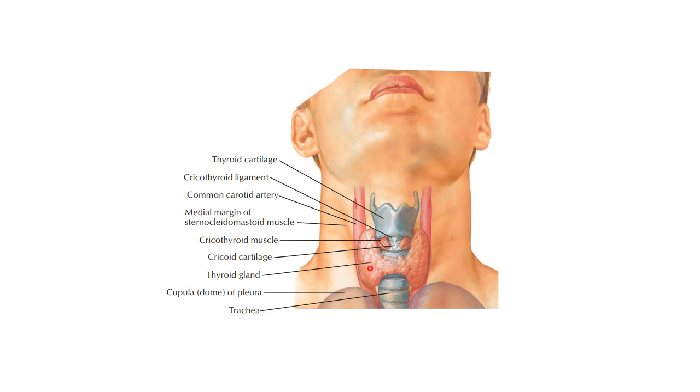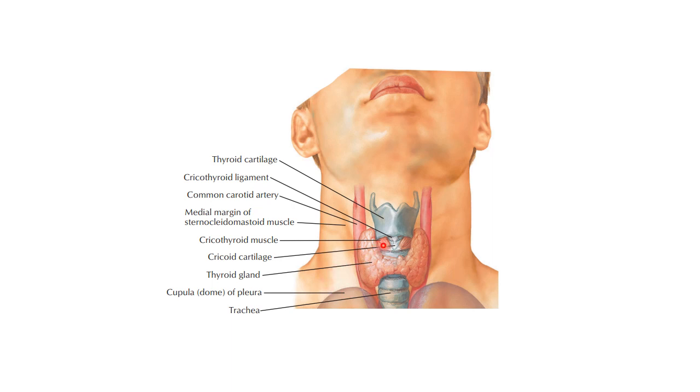You will also observe that the cupula of the pleura is found close to the inferior pole of the thyroid gland, so that during surgery it is not impossible to puncture the pleura and produce a pneumothorax.